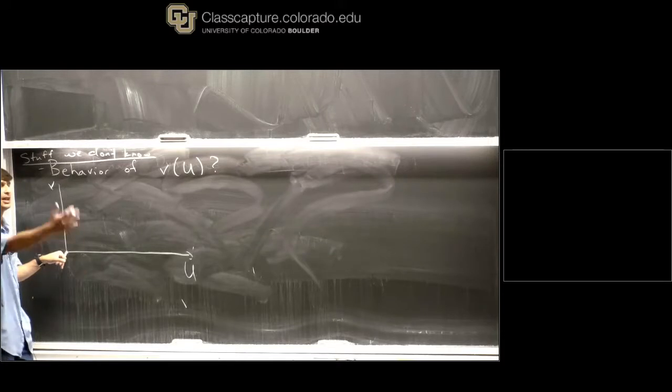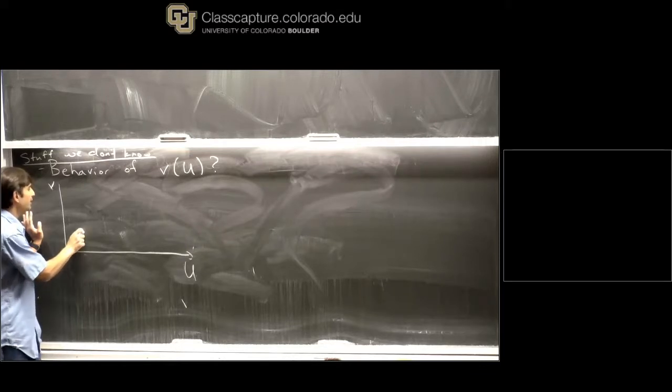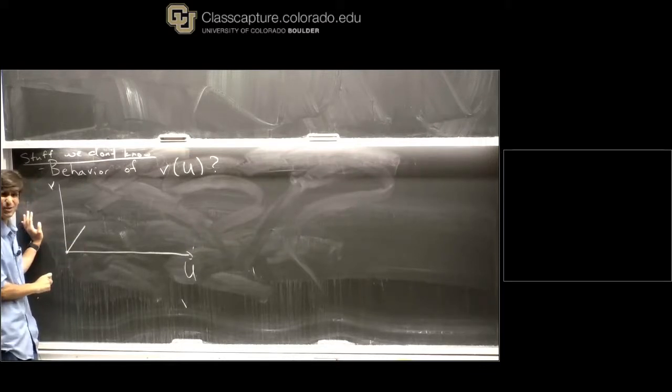And because I haven't really started writing down equations, I can't show this explicitly yet. We'll get to that over the course of the next couple of lectures. But what's going to happen is, as you increase U from 0, you're going to get some positive v. This hopefully should be intuitively kind of obvious.